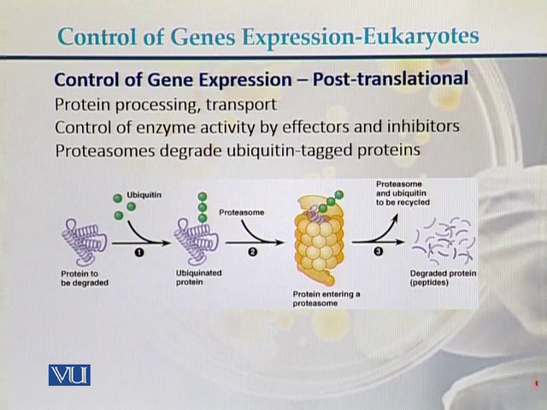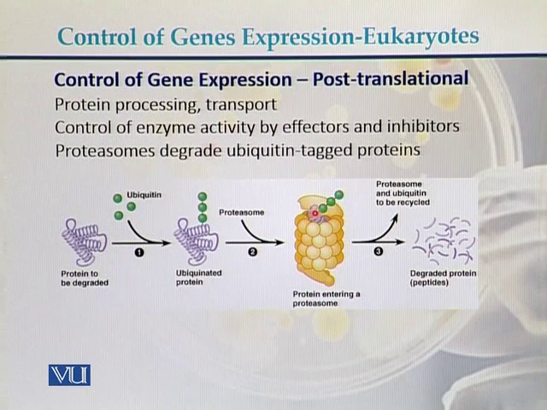Control of gene expression can be in the form of post-translation. Post-translation can be protein processing and the movement or transport of the protein. Control of enzyme activity by effectors and inhibitors. Proteasomes degrade ubiquitin-tagged proteins. Here is the protein to be degraded, the ubiquitin, and the proteasome.